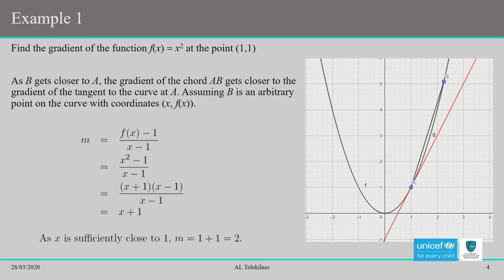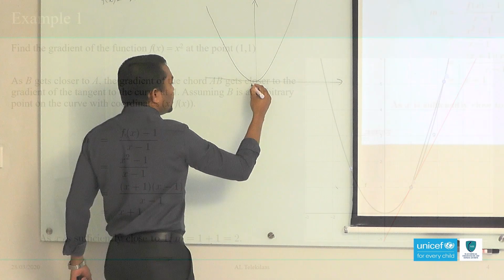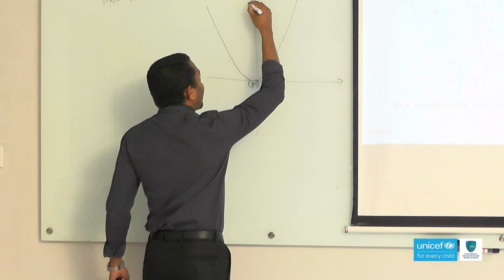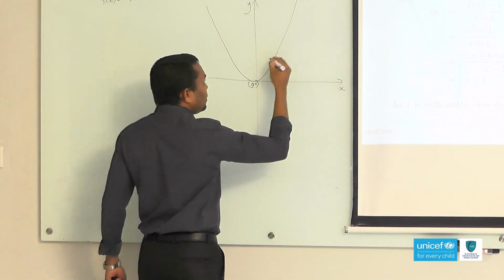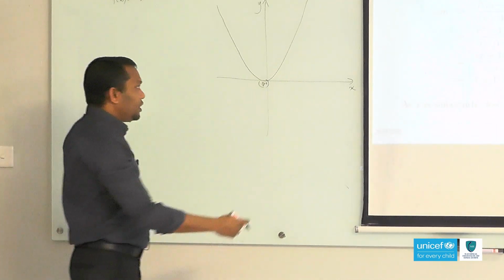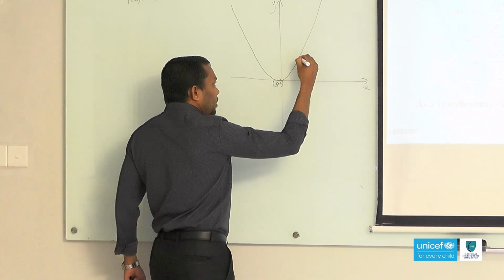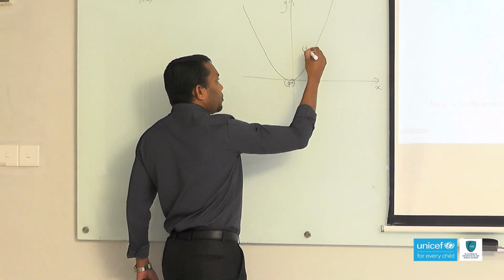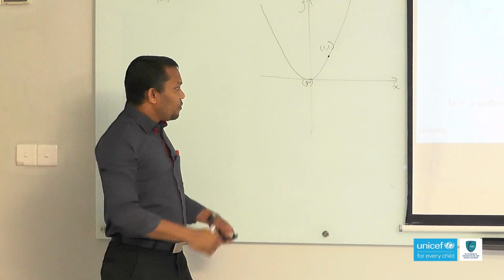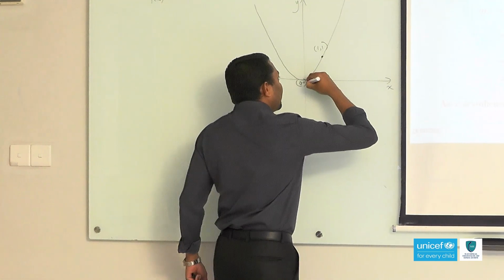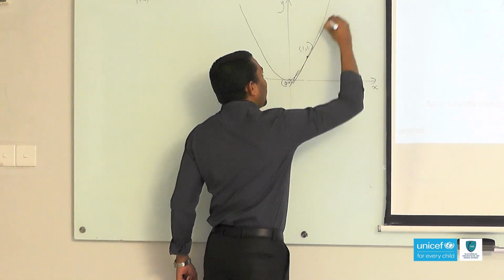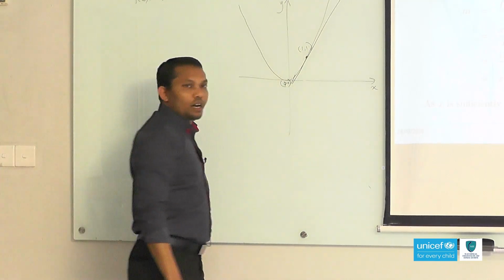If you draw a sketch of that, it would be something like this, touching the point 0, 0, a parabola. I am interested in finding the rate at which this function is changing at the point 1, 1, which is basically the gradient of the tangent that we draw at the point 1, 1.